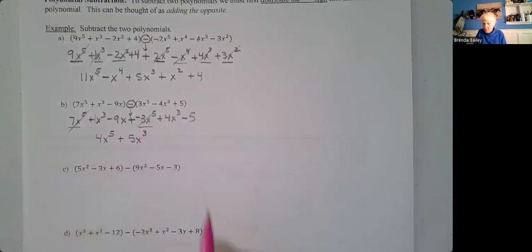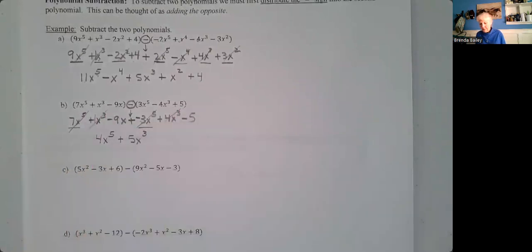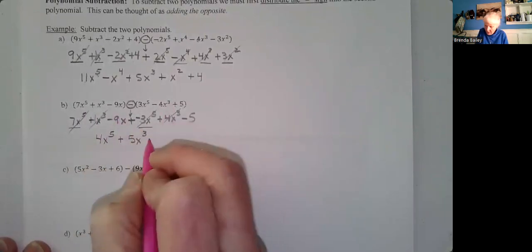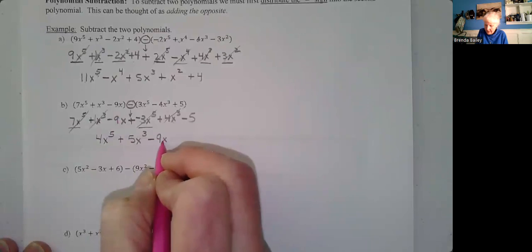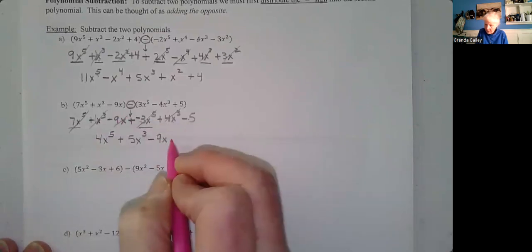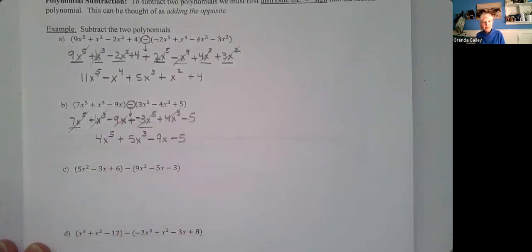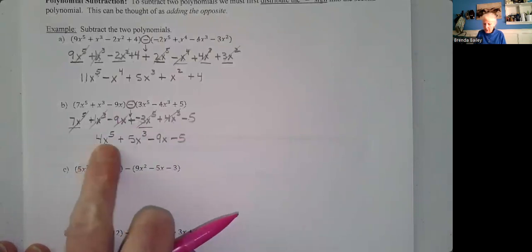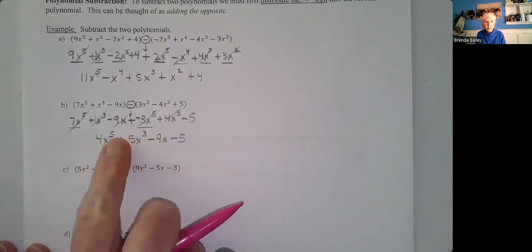There were no x to the fourths, so I just skipped from x to the fifth to x to the third. And we have a minus 9x and no other x to the firsts. Minus 5 is our only constant. So there's your answer. The degree of this polynomial is 5.